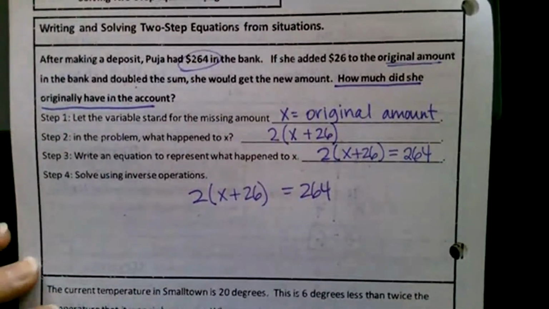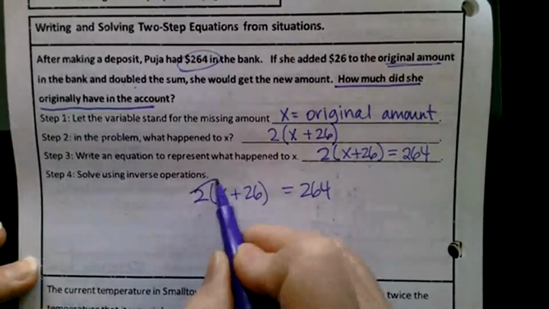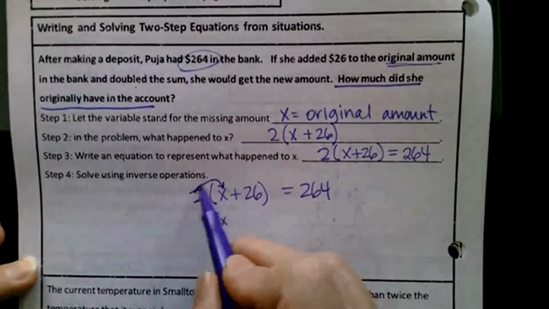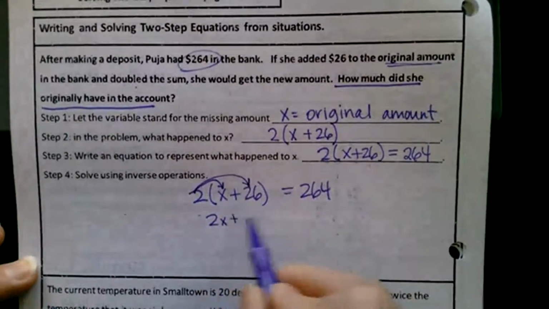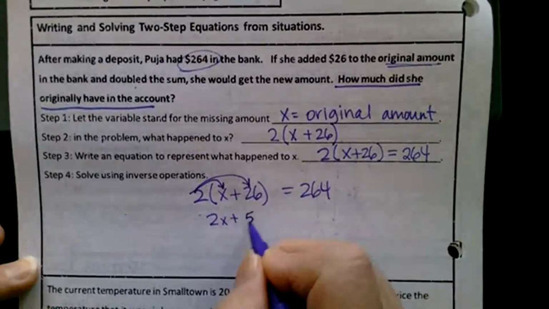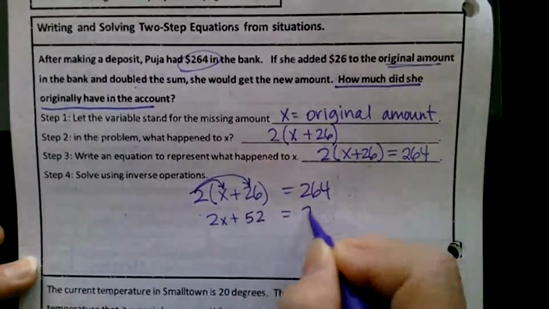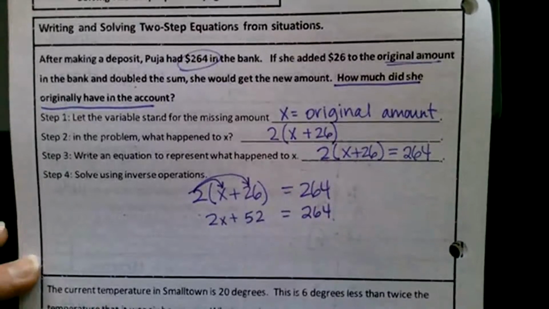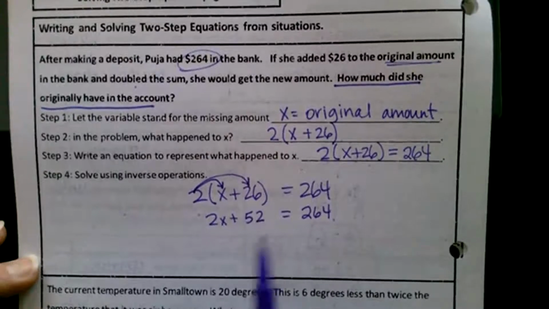So I'm going to distribute first. I'm going to do 2 times x, which is 2x. Then I'm going to do 2 times 26, which is 52. And I'm going to make that equal to 264. So the first thing I'm going to do is use distribution to get rid of the multiplication, actually. I just got rid of those parentheses.